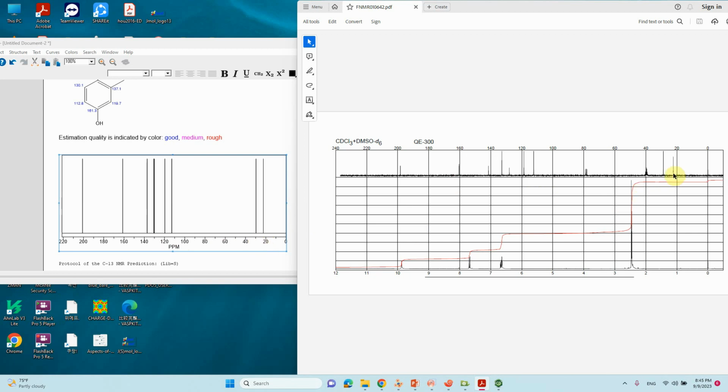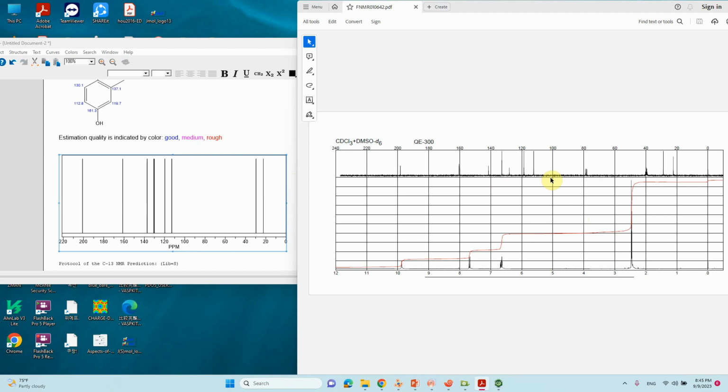This is 20 and near 31 there is a peak. This peak I already told you is the solvent peak for DMSO-d6, and this is CDCl3. So this clearly matches the Sigma Aldrich spectra.